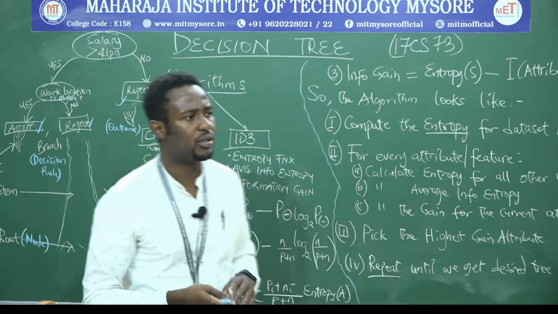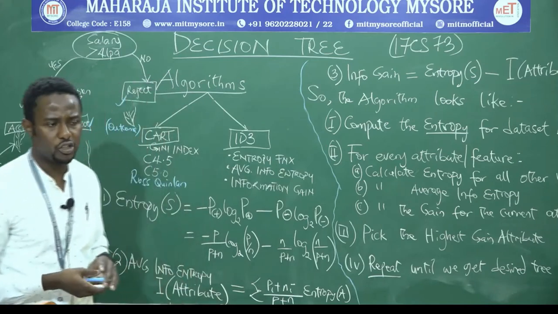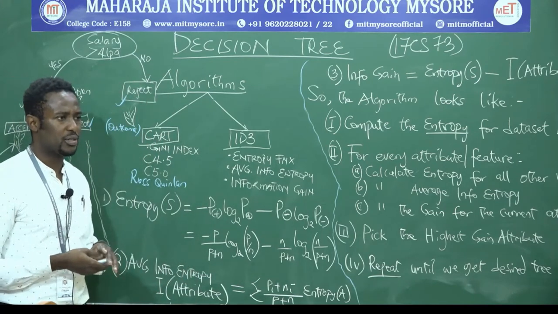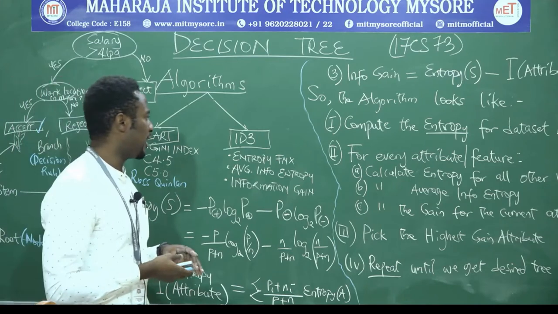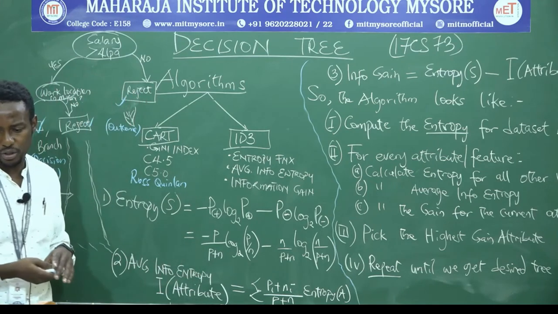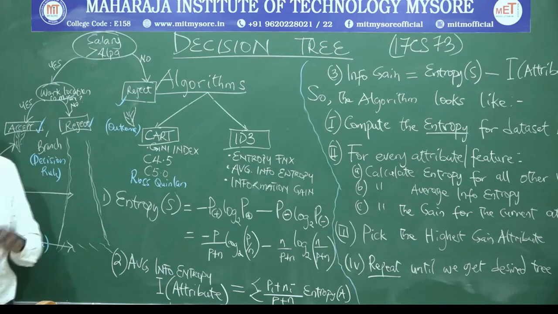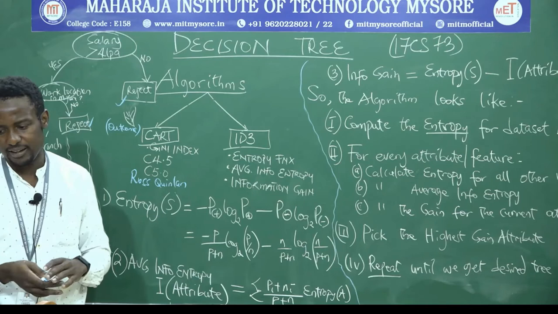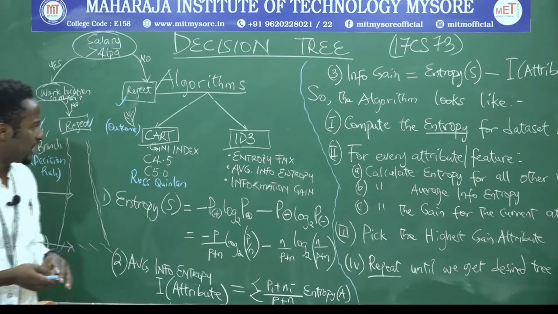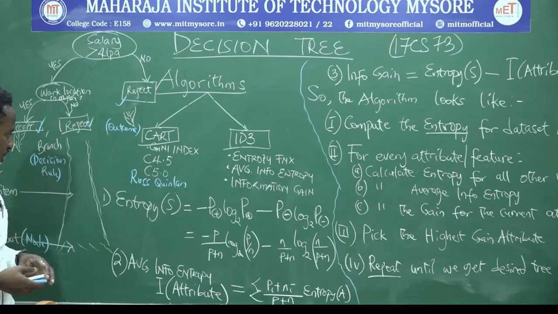A pure sample has a negligible entropy, whereas an impure sample has a very high degree of entropy. So entropy tells us how pure the sample is, and we compute that using a function.